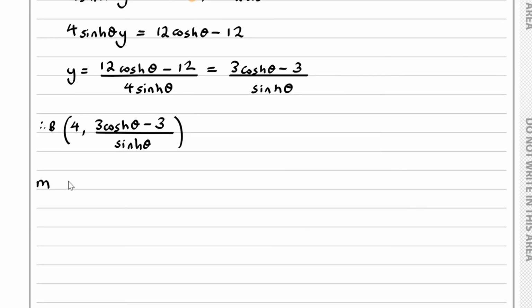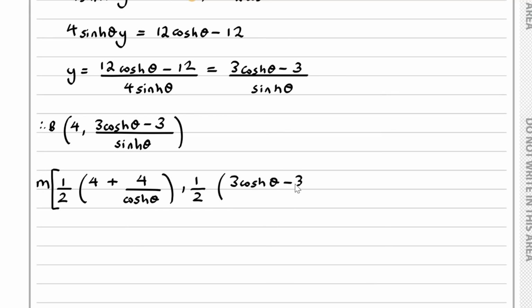So M would have coordinates, if we work that out, 1/2 times 4 plus 4 over cos theta. So that's the x coordinate of M, and the y coordinate would be 1/2 lots of this over here, 3 cos theta minus 3 over sine theta.